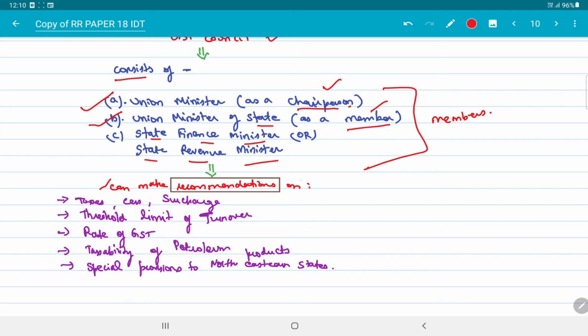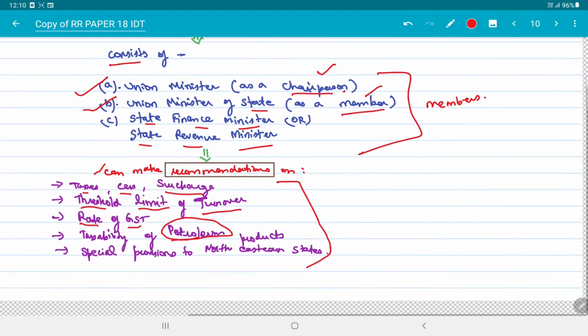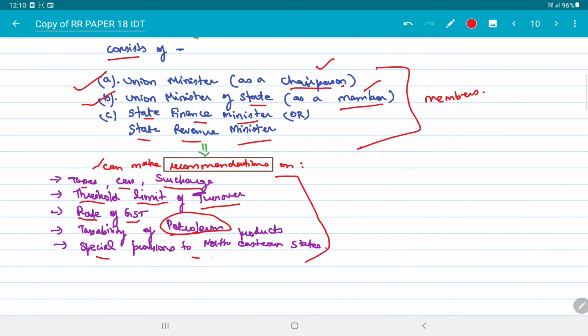They can make a recommendation on the following: any taxes, cess or surcharge, any threshold limit changes in turnover, the rate of GST, and taxability of petroleum, which is also given to the GST Council, and special provisions for north eastern states. All these recommendations can be made by the GST Council.